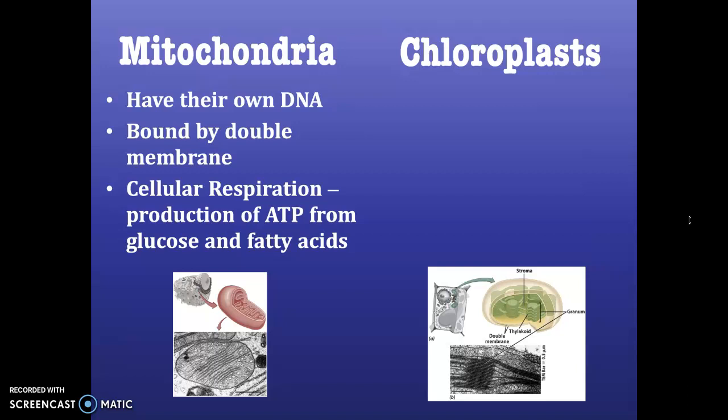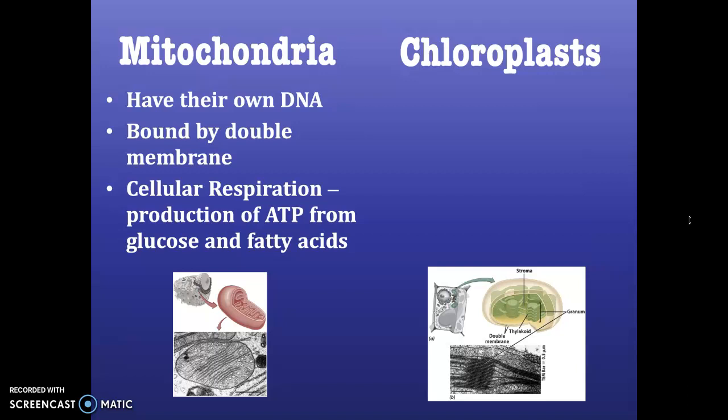Because of that, many biologists have surmised that mitochondria actually used to be unicellular organisms that were engulfed by larger unicellular organisms. And once those larger organisms realized it was more beneficial to keep the mitochondria than to eat it, we ended up with one of our first organelles, and the beginning of the development of eukaryotic cells.